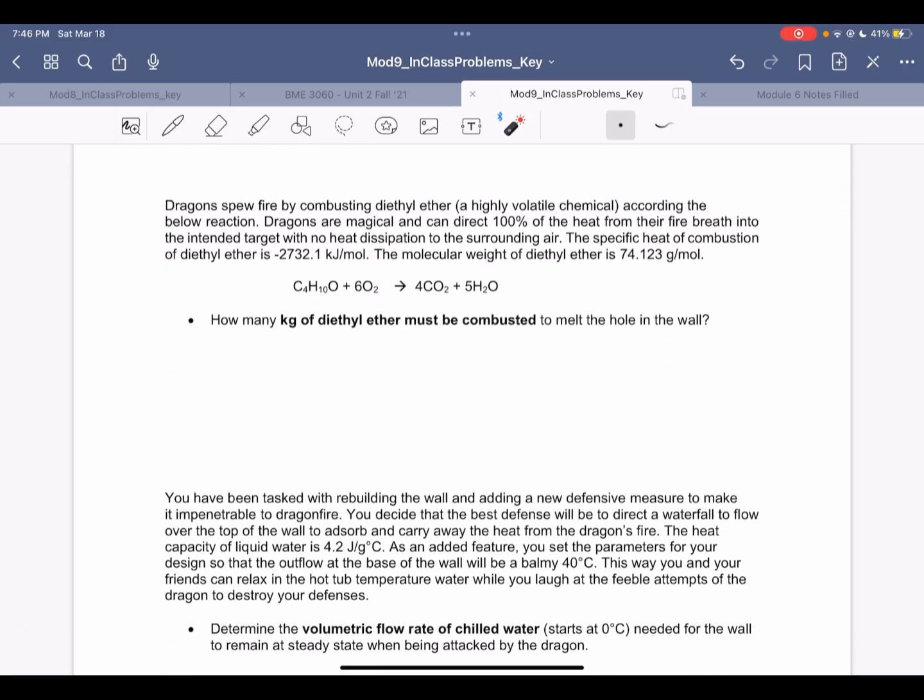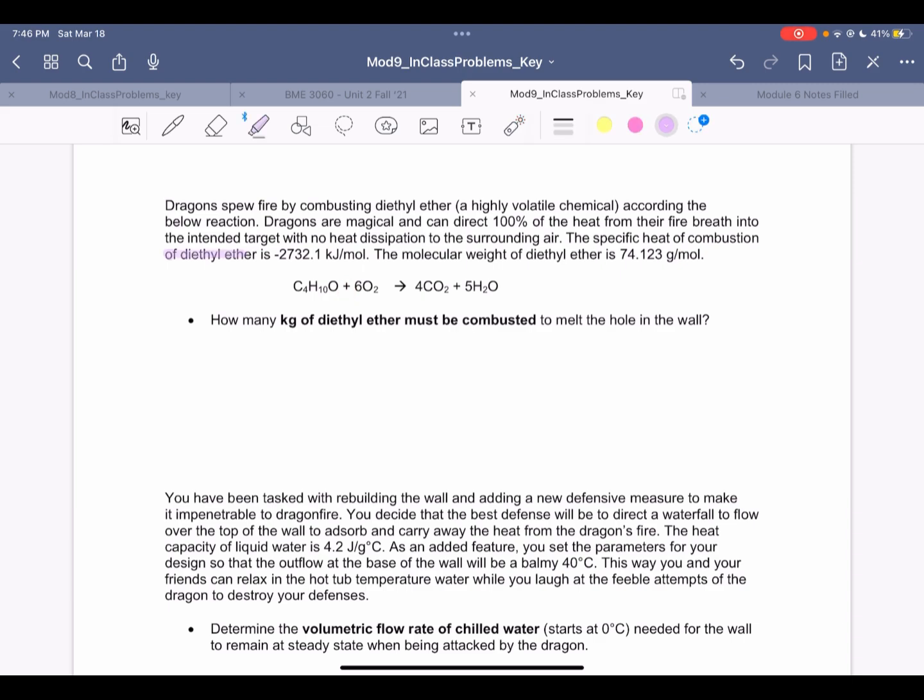We know in this world that dragons spew fire by combusting diethyl ether, a highly volatile chemical, meaning that it can combust really easily, according to the reaction below. Here, dragons are magical and can direct 100% of the heat from their fire breath into the intended target, with no heat dissipation to the surrounding air. The specific heat of combustion of diethyl ether is this. Remember that combustion refers to reactions with oxygen.